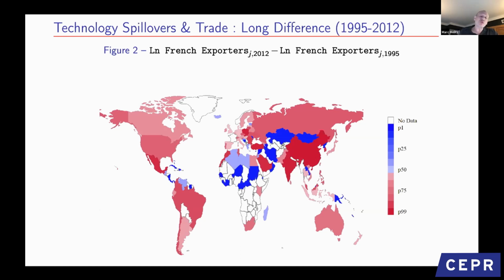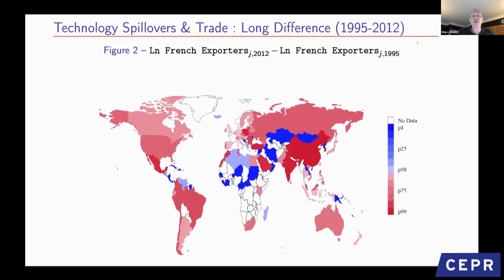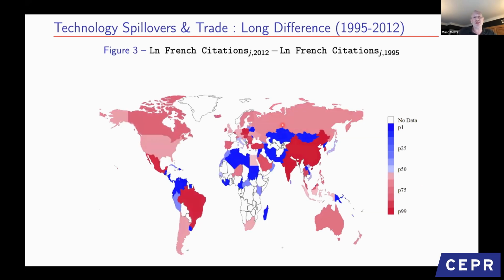And let me at least wipe out destination-specific fixed effects by just showing you growth rates. And these are going to be growth rates over the period of the rest of the data that I'm going to show you, which is 1995 to 2012. So in this heat map, what you see is the growth rate of the extensive margin, the entry of French exporters across all these different countries in the world. And we can correlate that with the growth rate of citations.